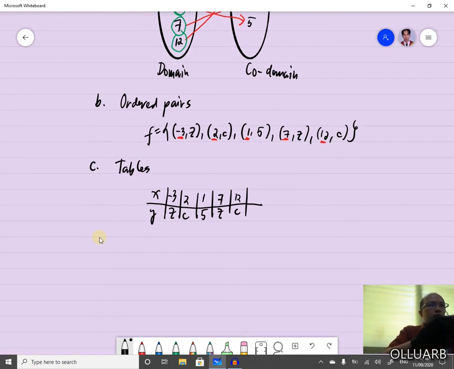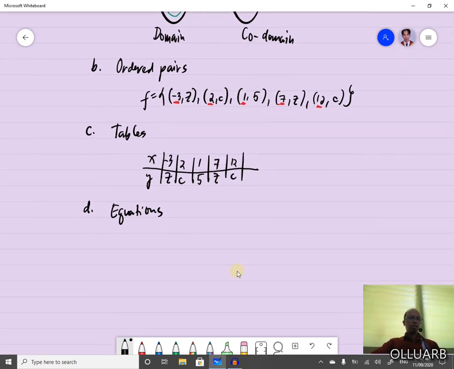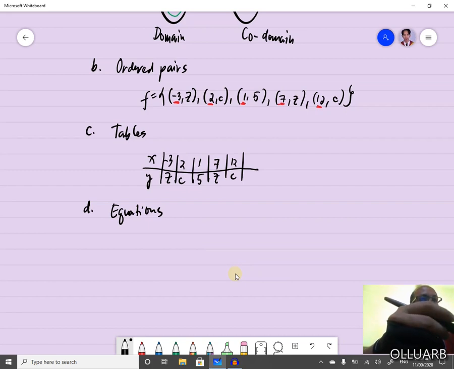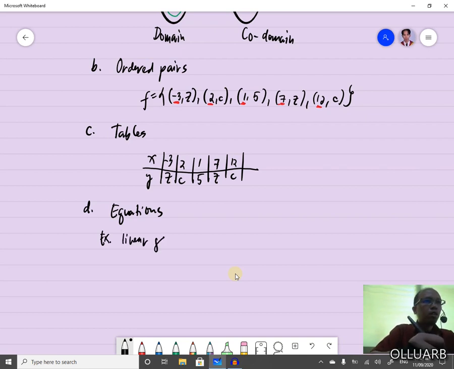The last one, which is very important, is using equations. So in your algebra and trigonometry class, you will see that there are functions that we already discussed, for example the linear functions.